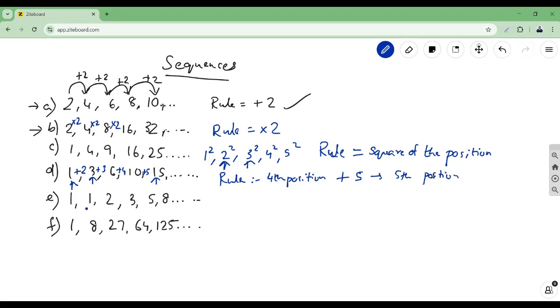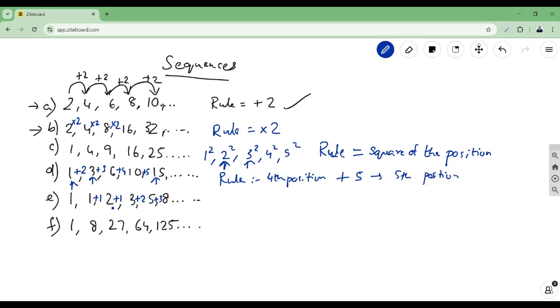Okay. Now coming to the next one. What am I doing? 1 and 1, there is no increment at all. But between 1 and 2, 1 plus 1 it became, right? Now 2 plus 1, it became 3. From 3, it's plus 2 it became 5. From 5 plus 3 gives me an 8. So what am I seeing here?